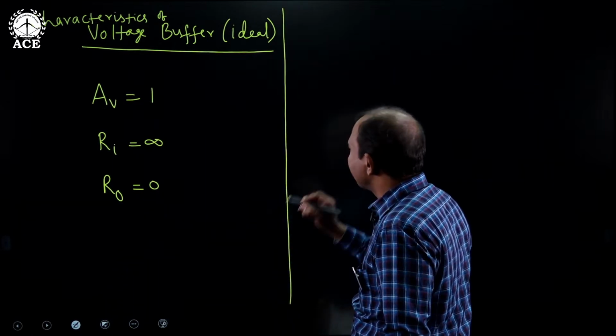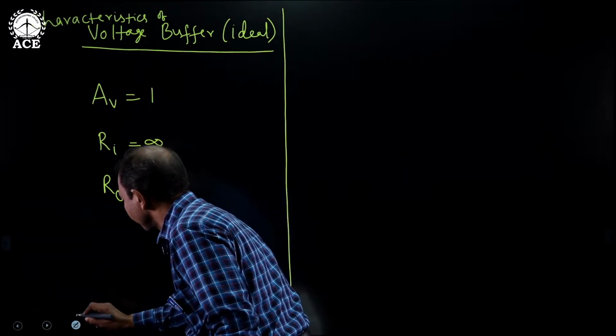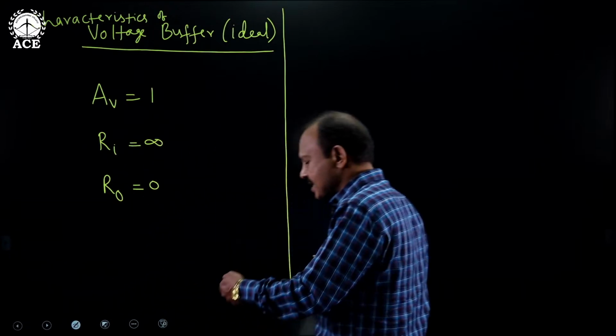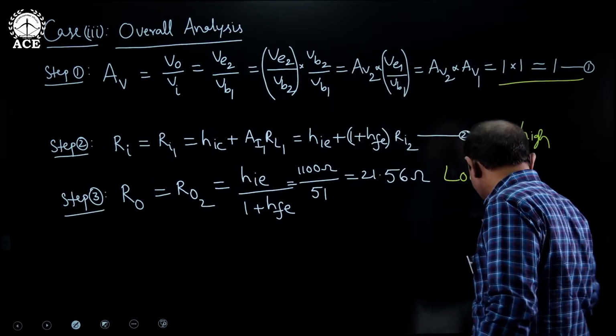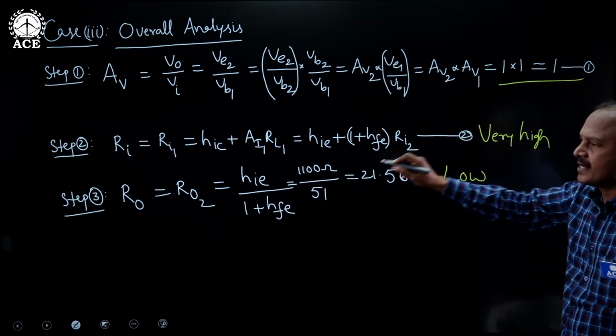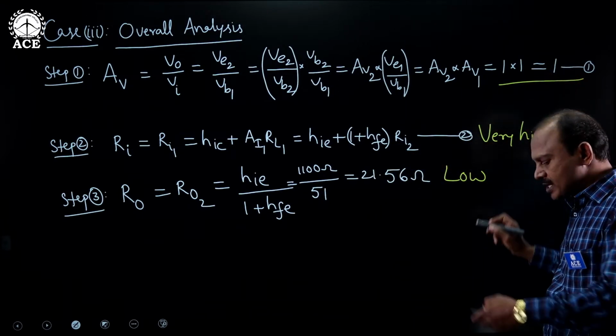Versus the Darlington pair amplifier, let us consider now. Just now we have completed the analysis of the Darlington pair amplifier and we got its voltage gain as 1, its input resistance as very high, its output resistance as very low.